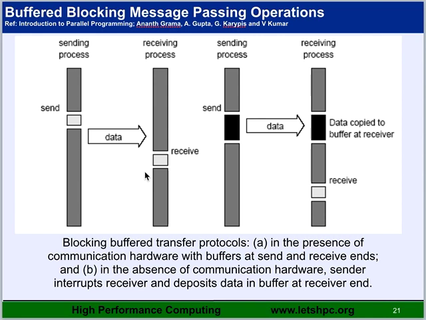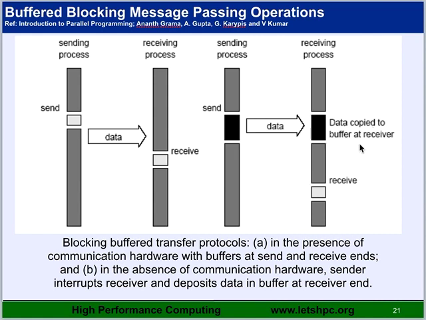Now suppose that in the absence of communication hardware, how will it be done? Here what happens is the sending process interrupts the receiving process. Now you don't have a buffer at both the ends, you just have a buffer at the receiver end. So the sending process interrupts, the receiving process responds to that, gets the data copied to its buffer, and then both of them resume their own operations.